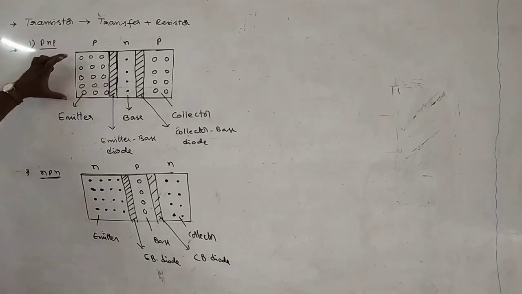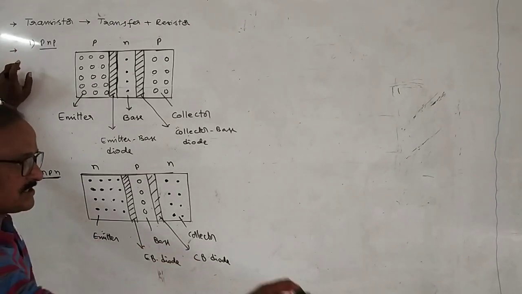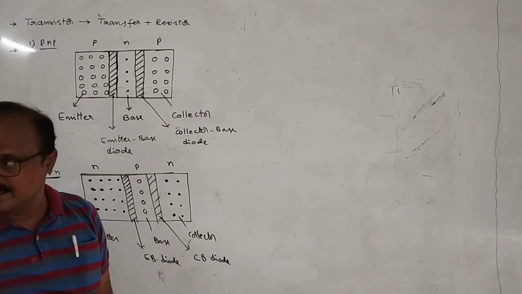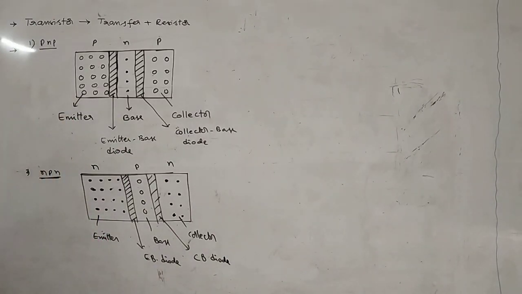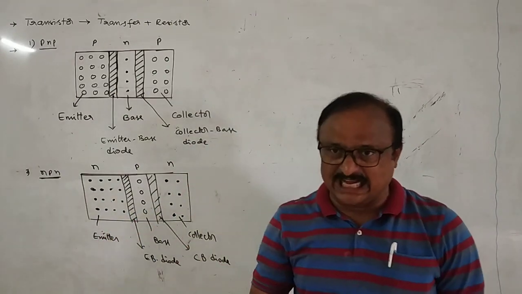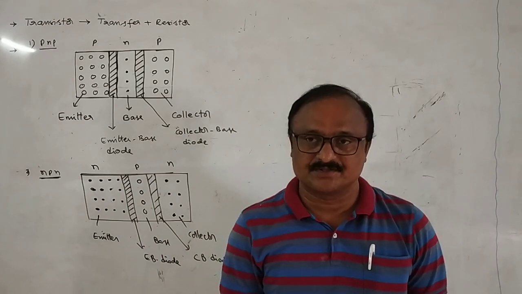Suppose in the case of PNP and NPN transistors, what is the direction of the current in the transistor? Do you understand? Current direction is always taken along the direction of the positive charge carriers.